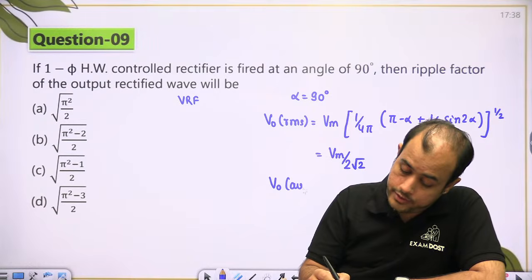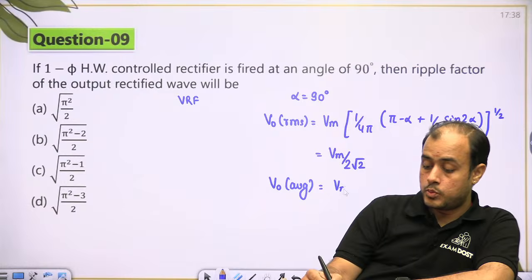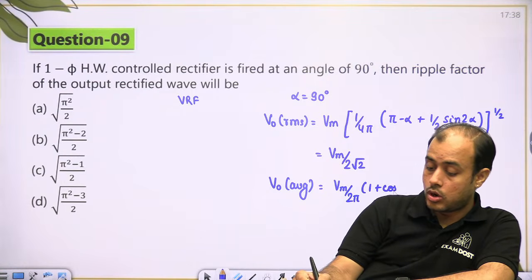V naught average. Okay. Vm by 2 pi, 1 plus cos alpha. Cos 90 is 0.